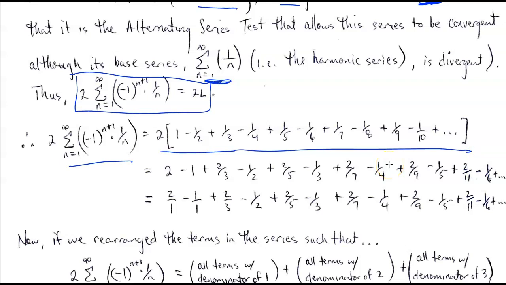At this point, what I propose to do is rearrange what I have here. But before I do that, I need to multiply 2 times all these terms. So this next step is me just distributing the 2 across each term, and notice how I rewrite each and every term as a fraction.